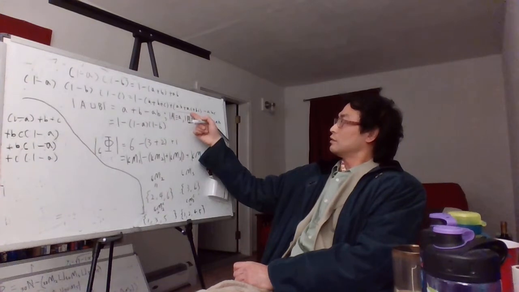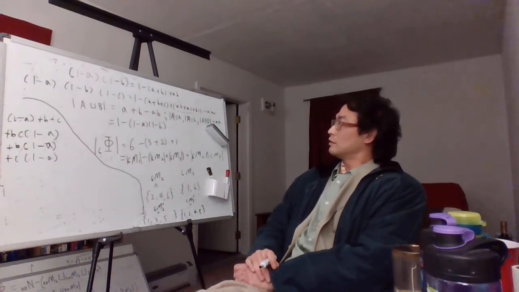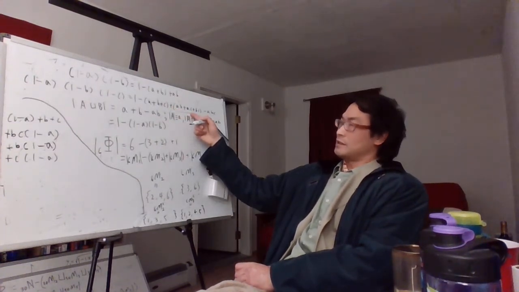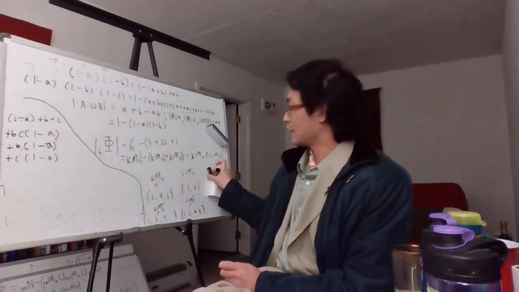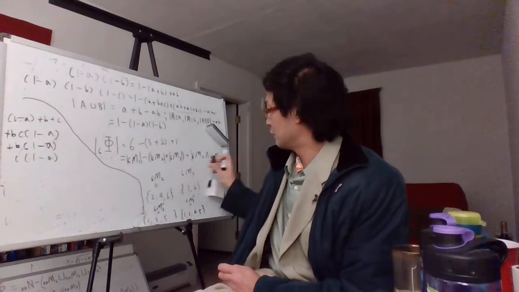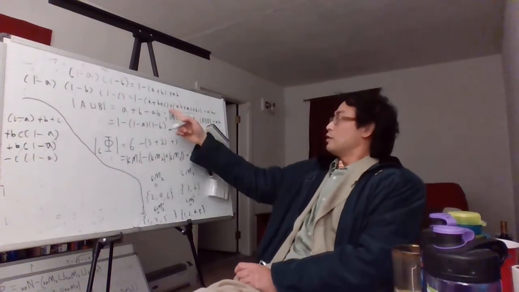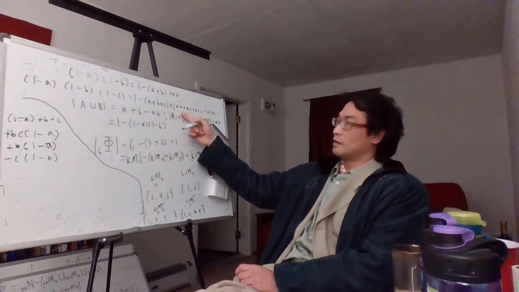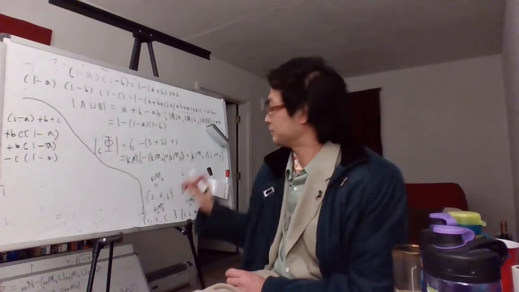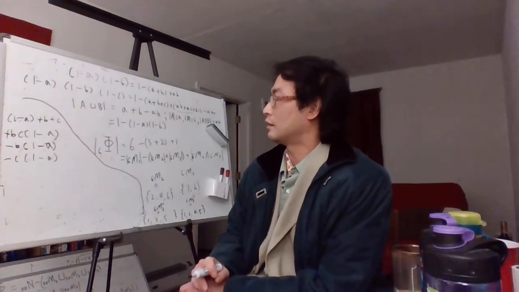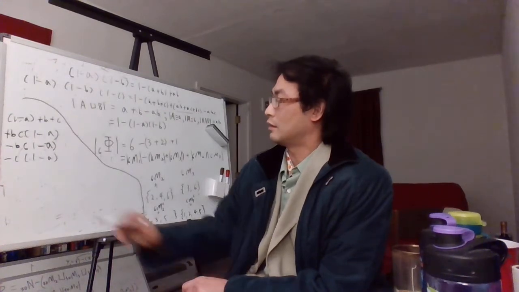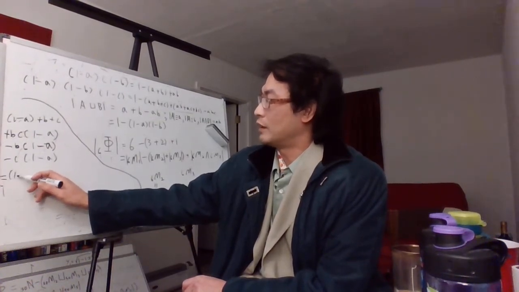Minus C plus AC, A minus 1. So minus B plus AB. Factoring out, you have 1 minus A.